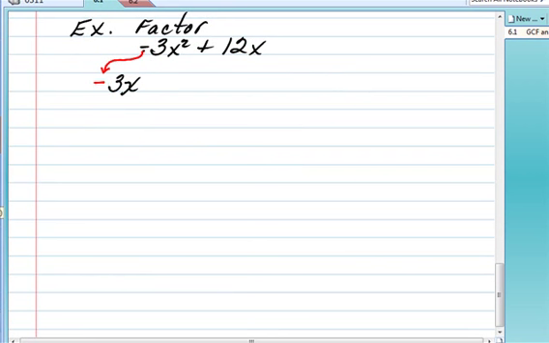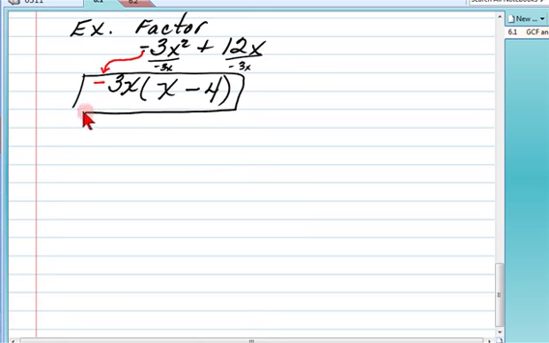When the leading term is negative, take out the greatest common factor, but make it be negative. So I'm going to divide by negative 3x. A negative divided by a negative gives me a positive x, and a positive divided by a negative gives me a negative 4. What does that accomplish?